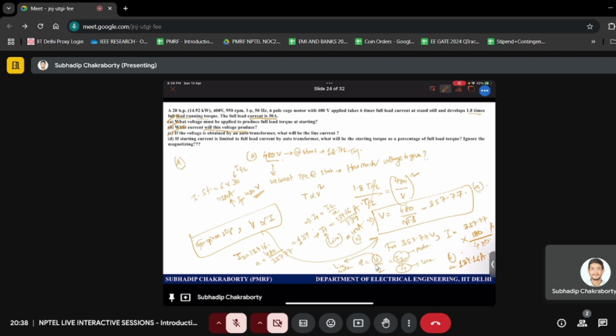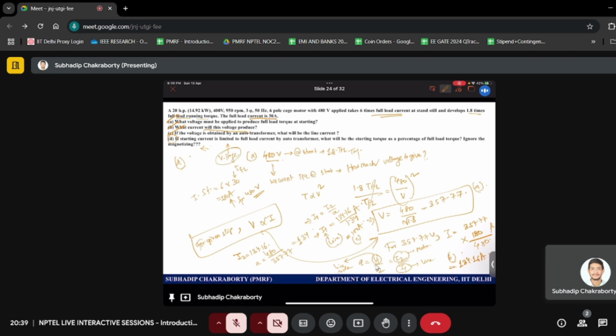And then for the D part, they are asking us to calculate, if the starting current is limited to full load by the auto transformer, what will be the starting torque? I give you this as homework, because remember one thing, if the starting current is limited, right, then you are actually limiting the voltage, right?